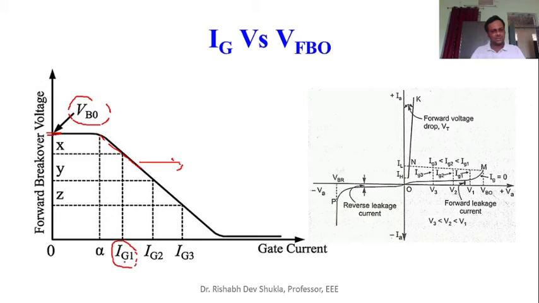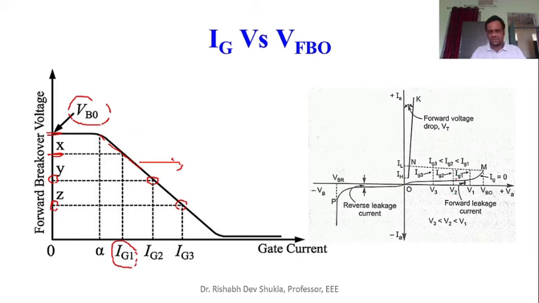If your gate current is increased, then your forward breakover voltage is about here at point X. Again, increasing the gate current, your forward voltage is brought down to point Y. Again, increasing the gate current to the level of Ig3, your forward breakover voltage is brought down to the level of Z. So that behavior is also shown in the VI characteristics.